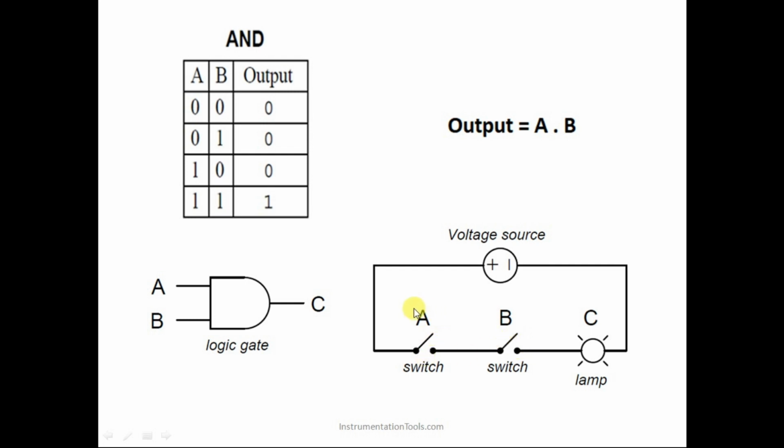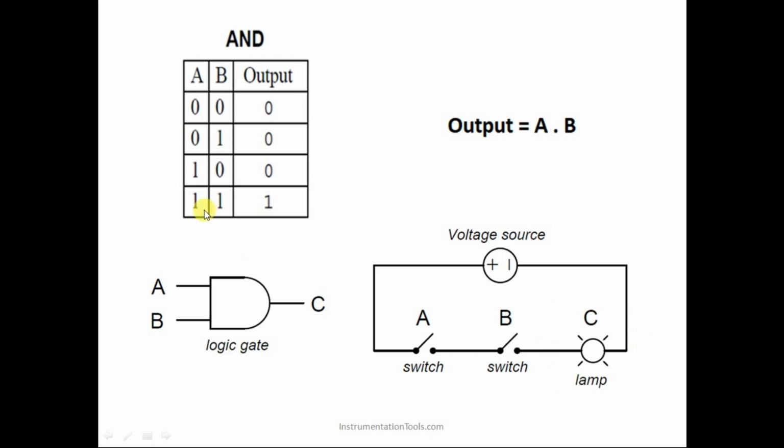So the circuit will not be completed, because even though this switch is in the closed state, this switch is in the open state, and the lamp will not glow.